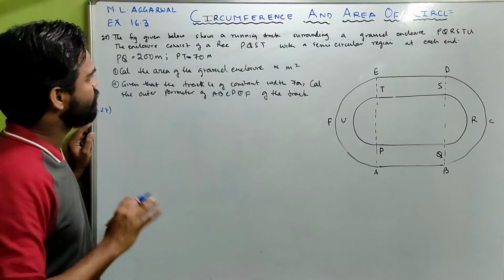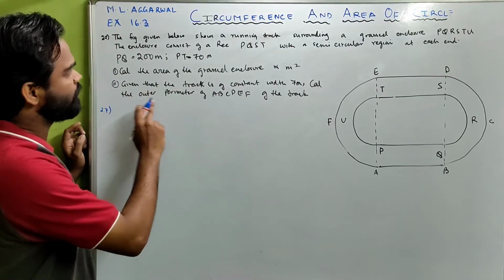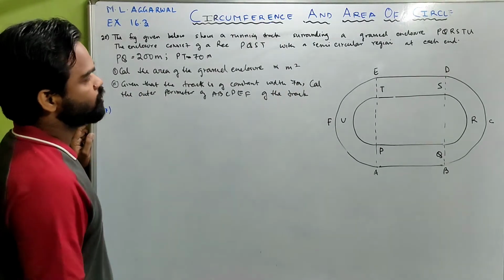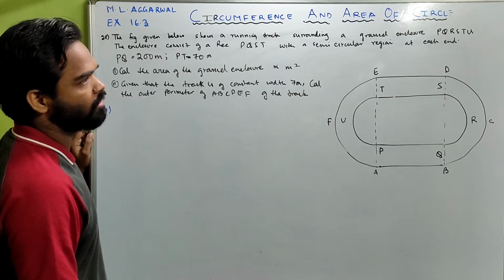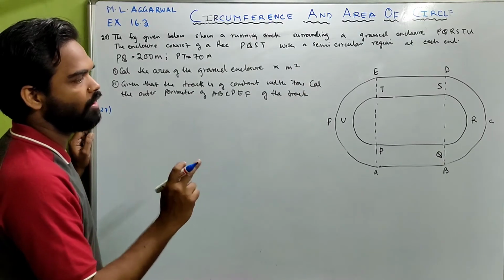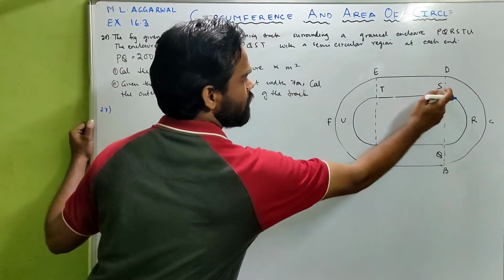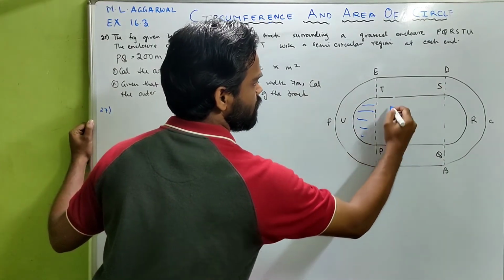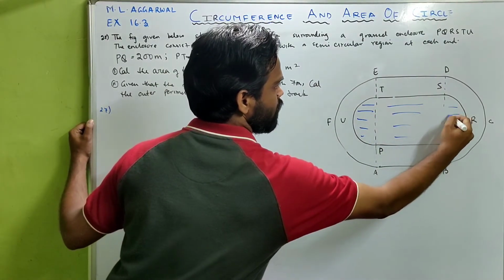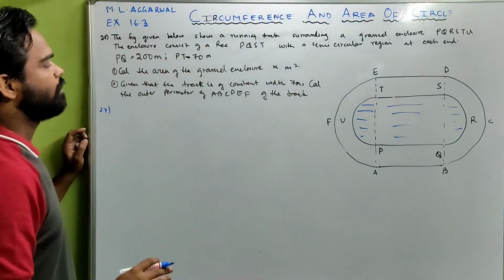Now look at 27. Very interesting. The figure given below shows a running track surrounding a grass enclosure PQRSTU. This is your grass enclosure, isn't it?